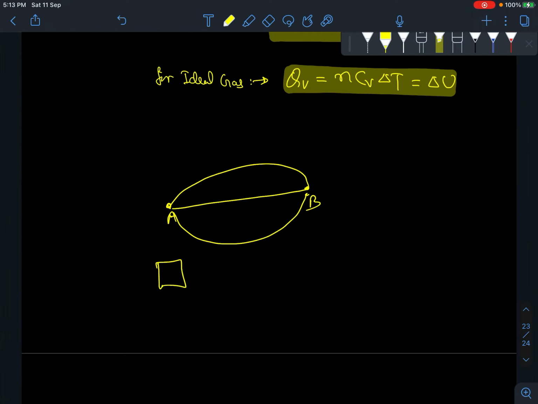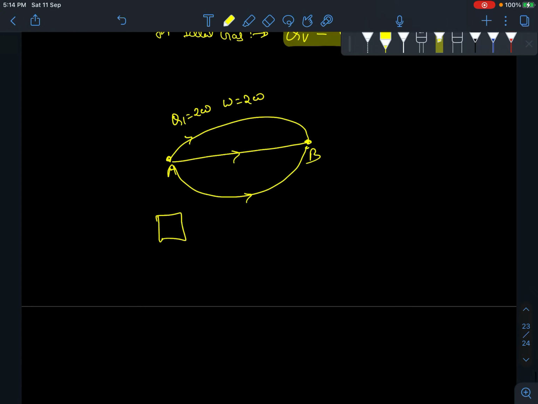In that case, suppose by path 1, Q1 is given as 200 and W is given as, say, 200, between the same states A and B. In the second case suppose W is 100, Q is question mark. In the third case suppose Q is 50 and W is question mark. Then how to get that?